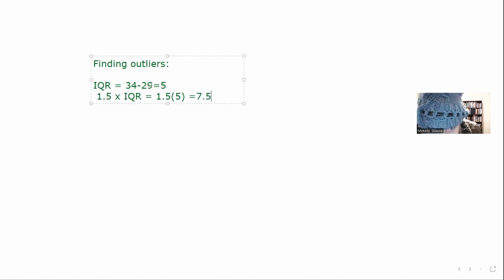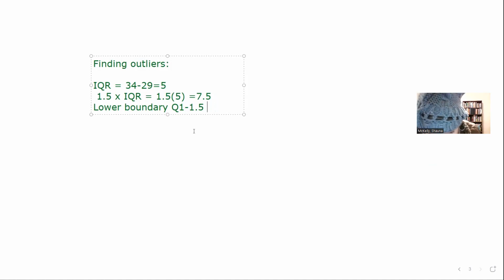Now, to get your upper and lower limits, we call them the fences. Let's do the lower boundary. Your lower boundary has to be smaller than the left side of the rectangle, okay? Your lower boundary is Q1 minus this answer that you just got, 1.5 times the IQR.